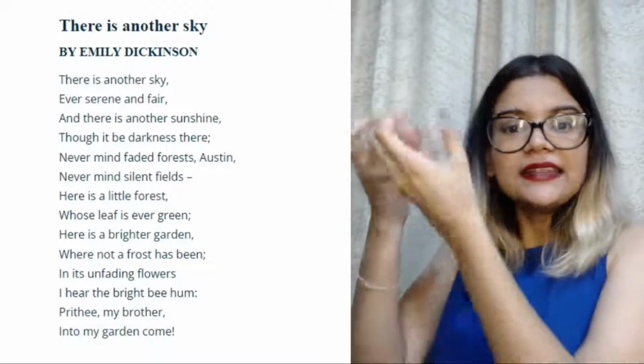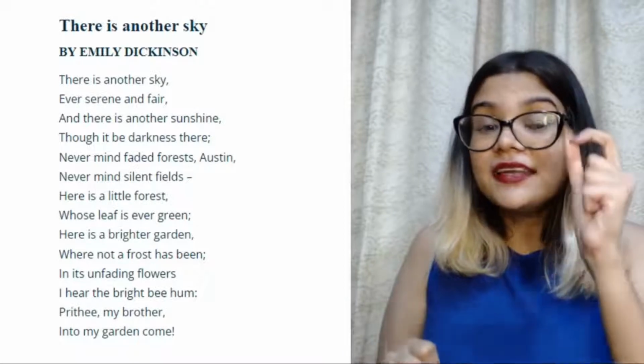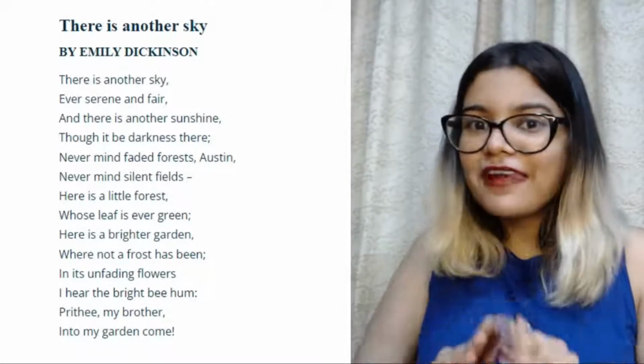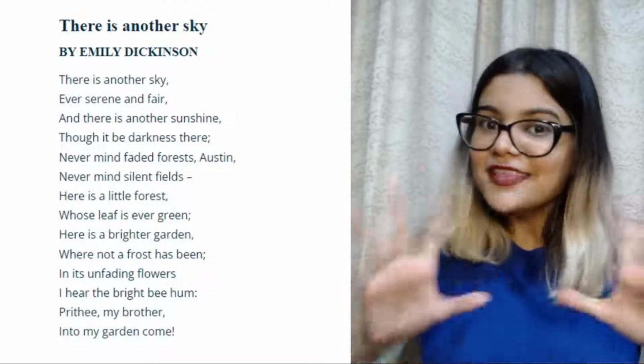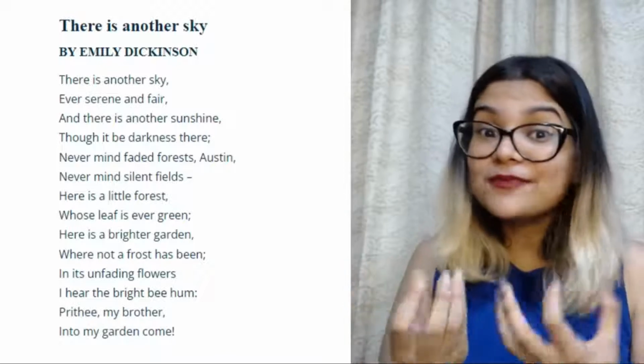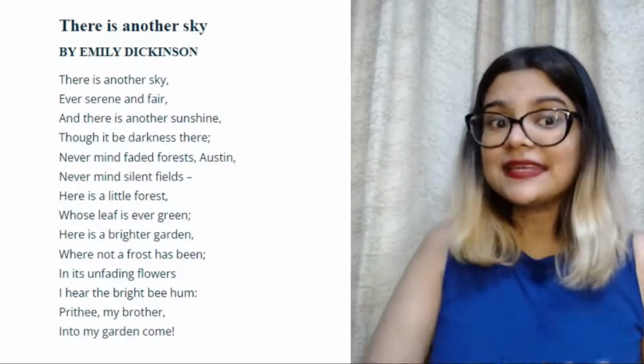That means that there is no snowfall. It never gets cold over here. There is not a single time where a flower has dulled or gone dead. The flowers are always very bright. The flowers are always blooming, which shows that there is always going to be happiness.